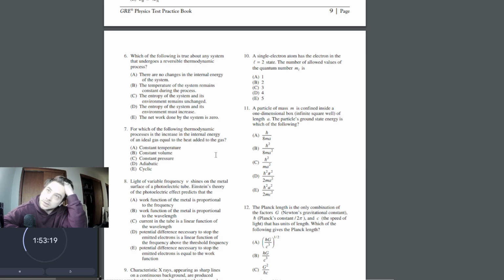Following processes is the increase equal to the heat added to the gas.